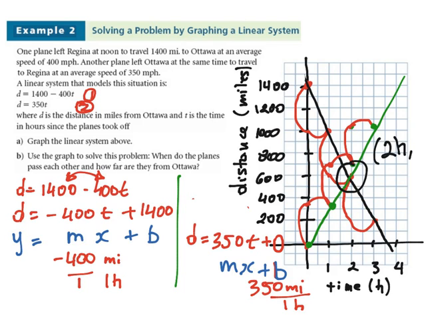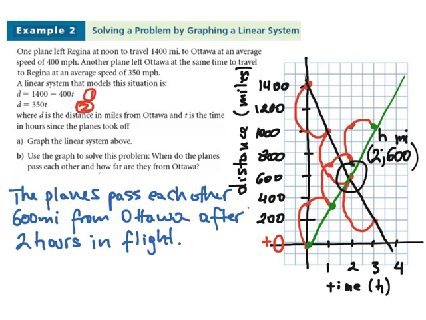And it's about 600 miles. It's a rough estimate. It's a little bit below 600 and a little bit less than 2 hours. So the planes pass each other about 600 miles from Ottawa after 2 hours in flight.